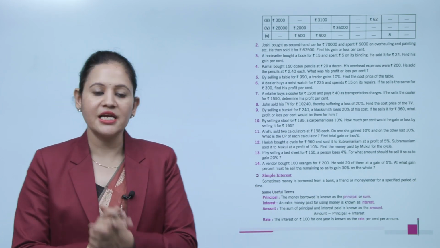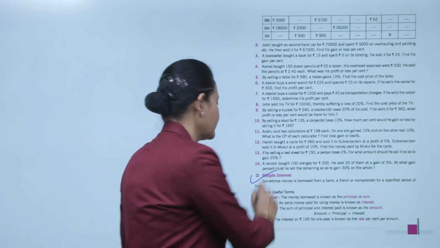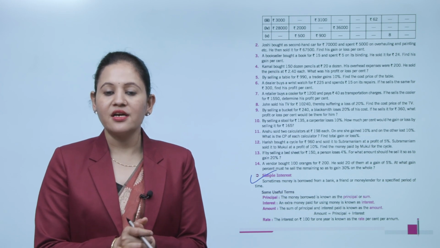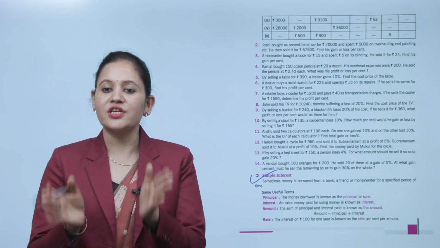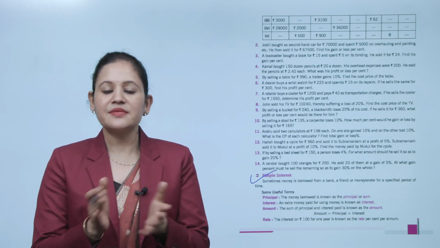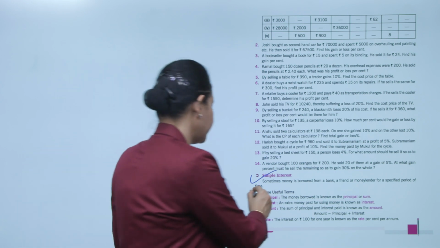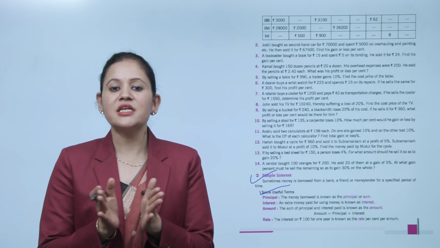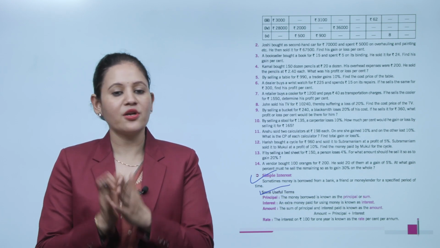Next is simple interest. Sometimes money is borrowed from a bank, a friend or a money lender for a specific period of time. Some special useful terms. First is principal. The money borrowed is known as the principal or the sum.